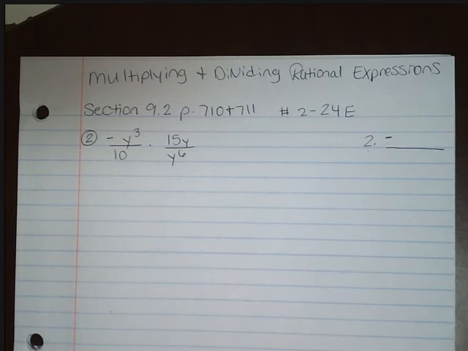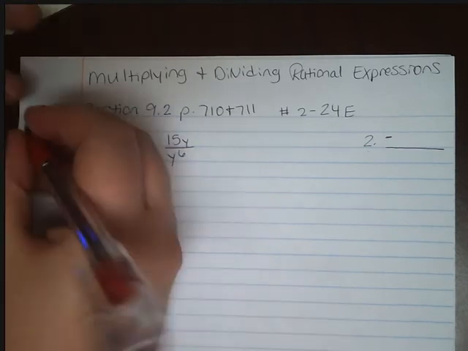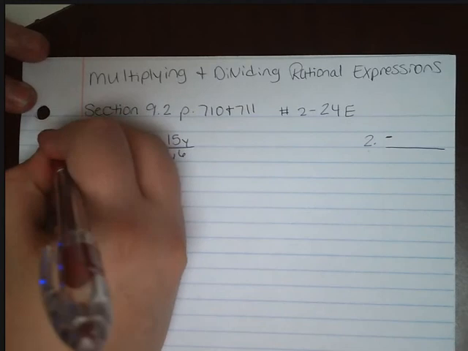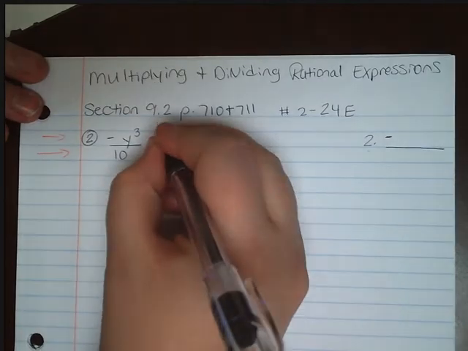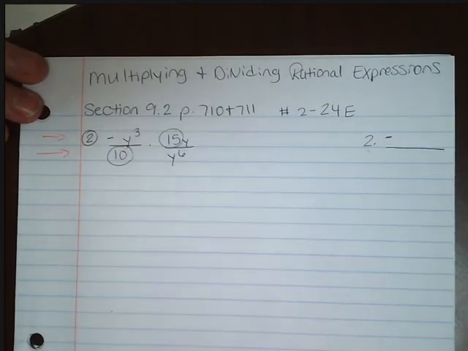Now I can go ahead and simplify before I multiply. We always learned that you can multiply first and then simplify, or simplify first and then multiply. But remember, you always multiply straight across. I recommend simplifying this 15 and 10 first.